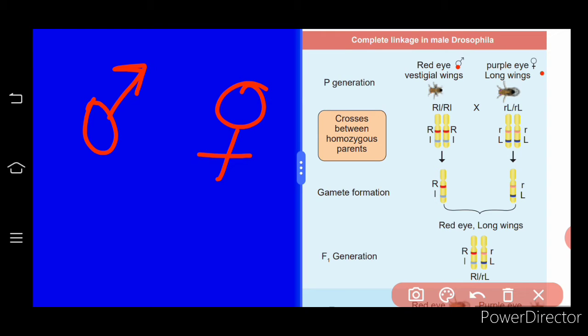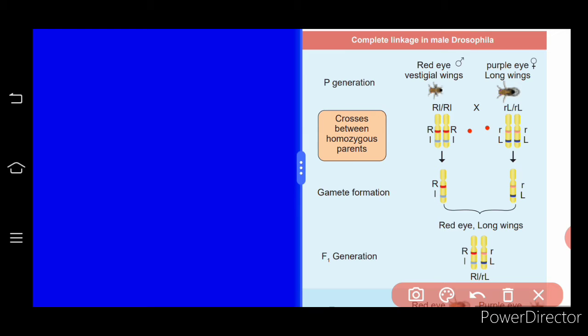When the parental generation is crossed, the gene responsible for red eye is represented as capital R, and purple eye as small r. Vestigial wing, that is short wing, is represented with small l, and long wing with capital L.